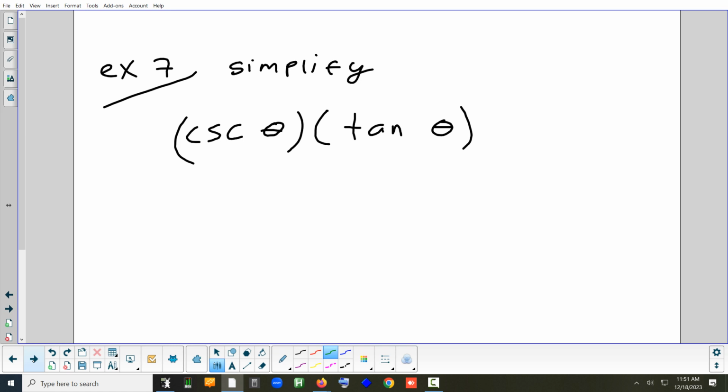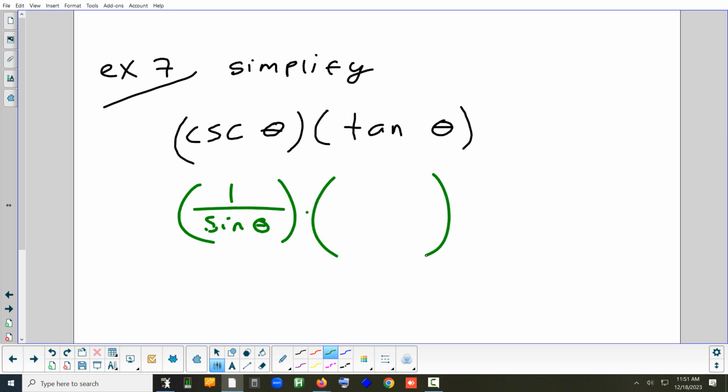In other words, how would you do cosecant on the calculator? The way we've been doing. Yep, 1 over sine. And how about tangent? How can you rewrite that? So it has sine and cosine in it. Yeah, sine over cosine.